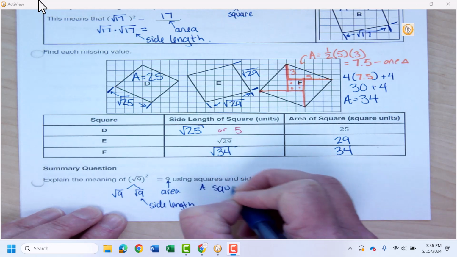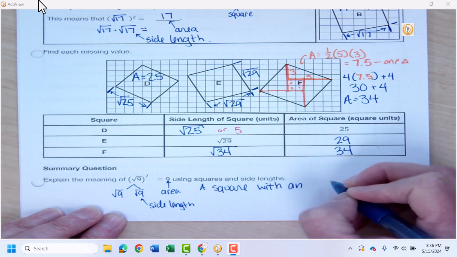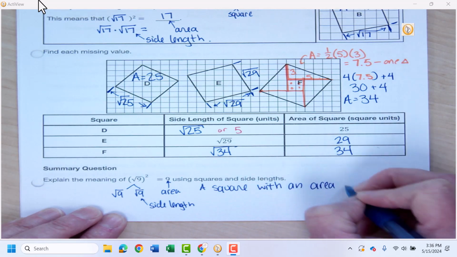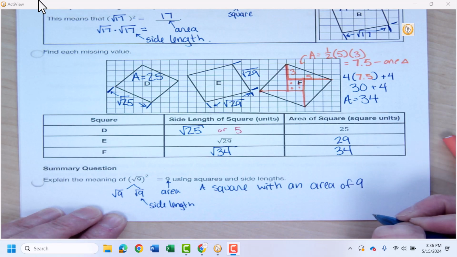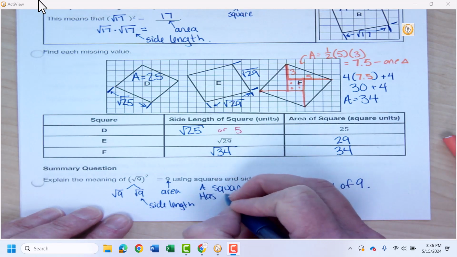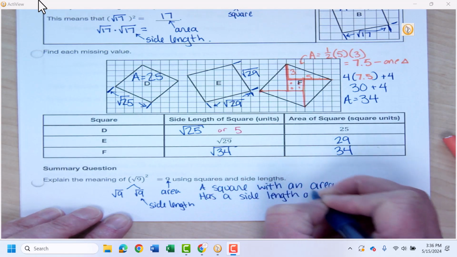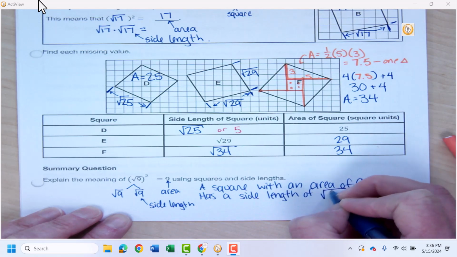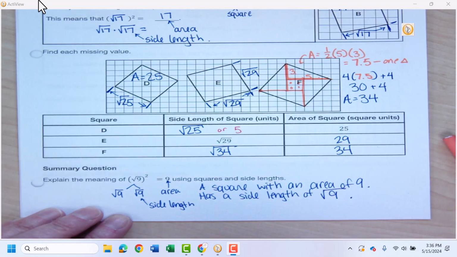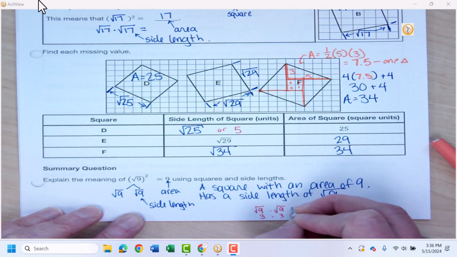A square with an area of 9 has a side length of the square root of 9. And that makes sense because, well, the square root of 9 is just 3, and 3 times 3 is 9.